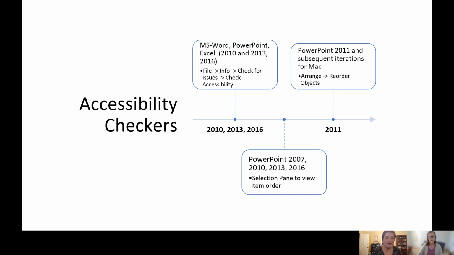One word of caution with the accessibility checkers is that it does not catch every single error in a document or presentation. So while they can be a very useful tool as a starting point for checking for accessibility, it's also important to not become over-reliant and say, oh, well, it passed the accessibility checker, good to go.